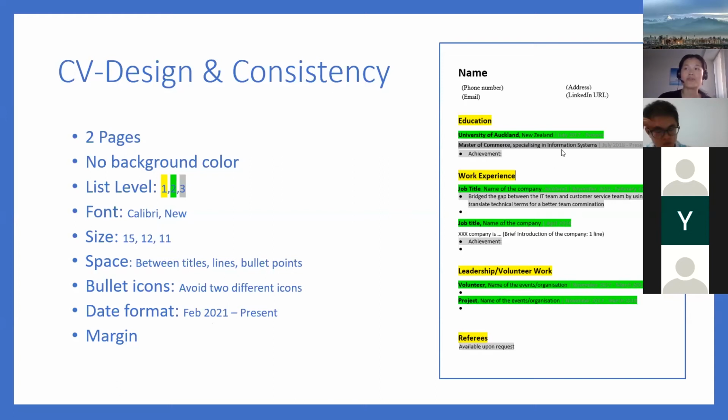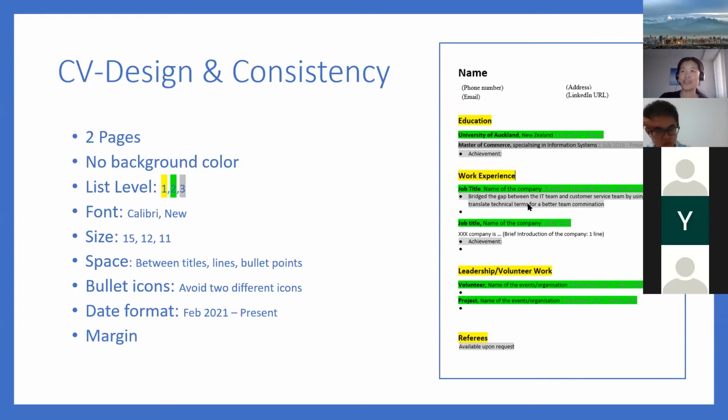For example, if you write the full month, July 2017, then keep it consistent as November, February, April, March. If you are using the first 3 letters of the month, for example, Feb, then also use the first 3 letters of the month for other dates as well. As long as you keep it consistent, that's fine.